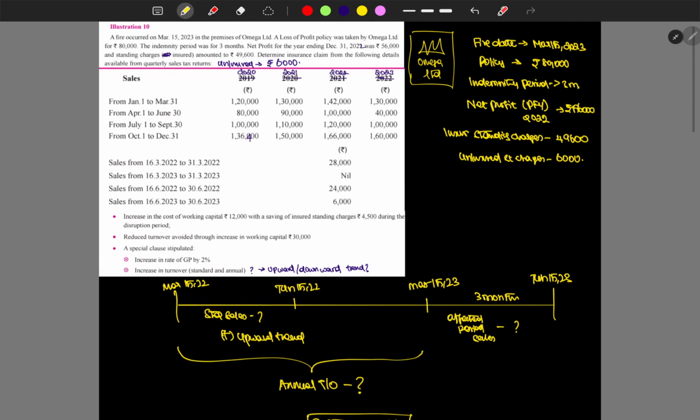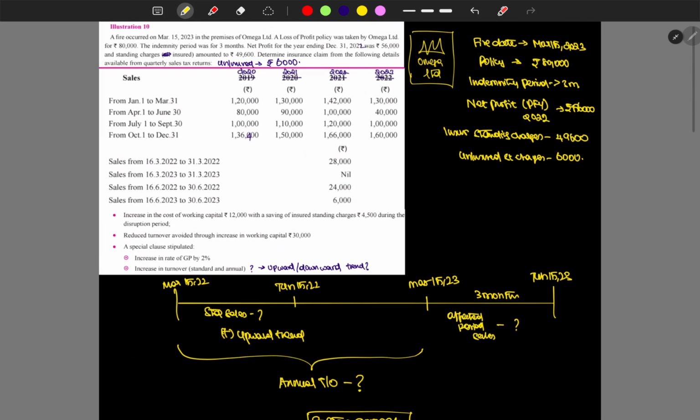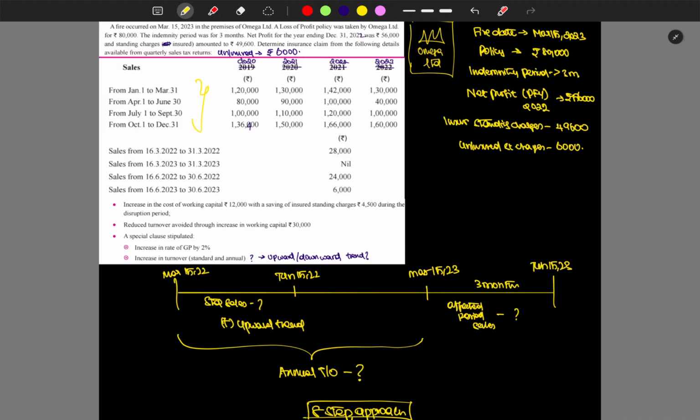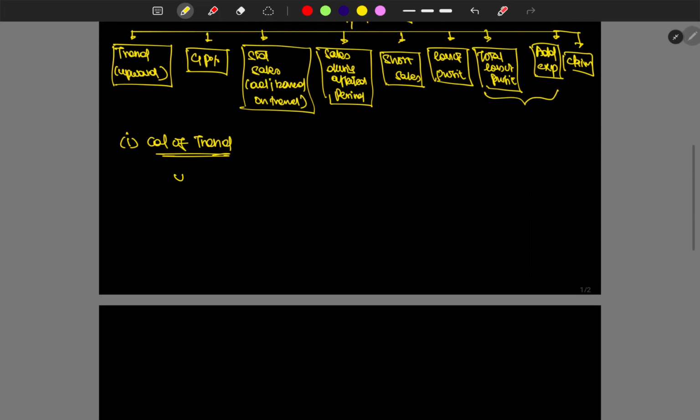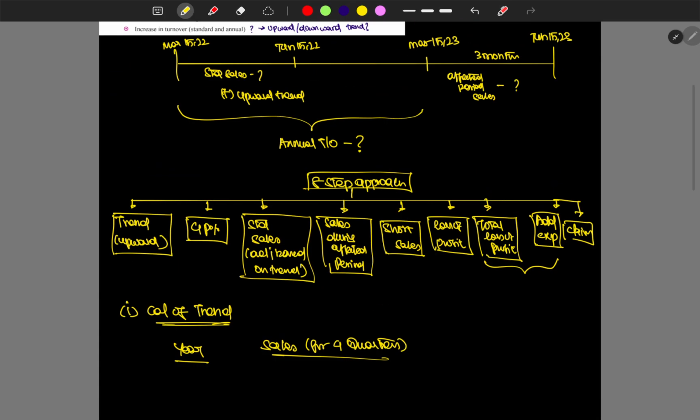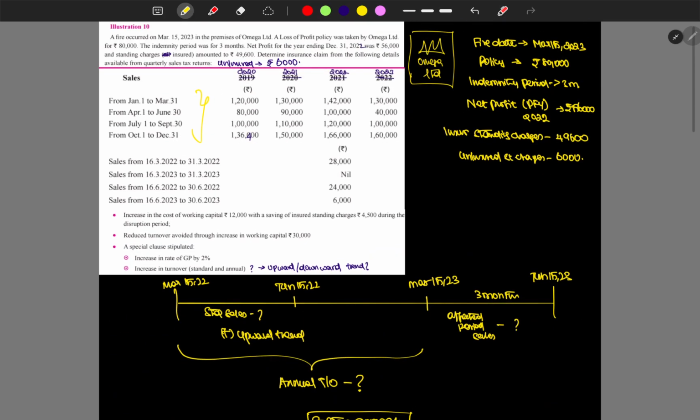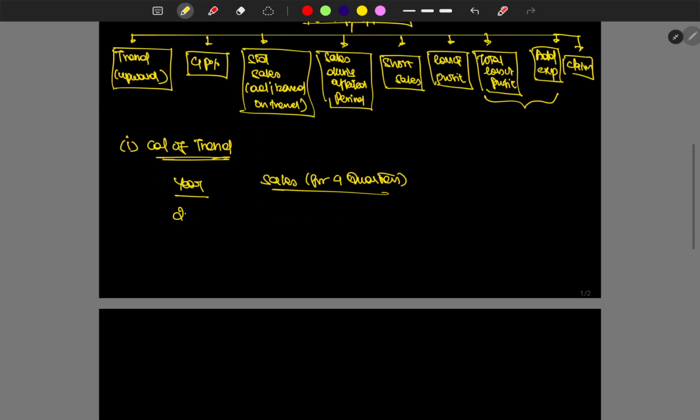Okay, what are all the information we are given with? We have the sales for all the quarters, for 4 quarters. Here 2020, 2021, 2022 has been given.